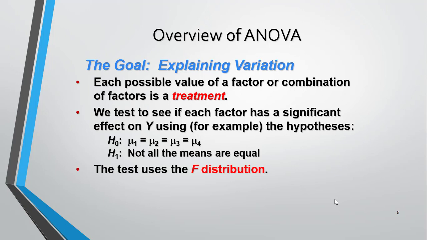We test to see if each factor has a significant effect on y using a hypothesis like this one. H0 is mu1 = mu2 = mu3 = mu4. They're all equal. That means the four groups we're comparing all have the same means.